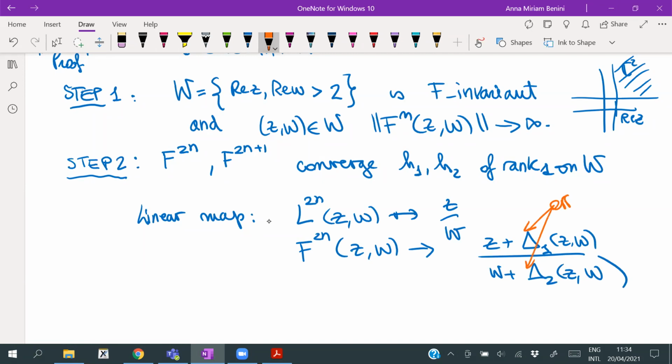This is some error term which is bounded. So once you get this, you get automatically that it's rank 1. Okay, you take Z and W very far apart in your W, you can do it because it's unbounded. The error terms cannot influence too much, so your image is really open. And the same for the odd iterates.